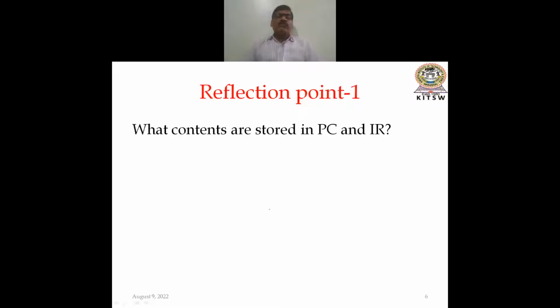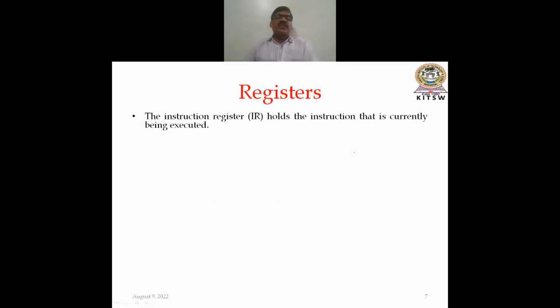Now one question for you students. What contents are going to be stored in the program counter register and the IR register? One important register in the processor is the instruction register.